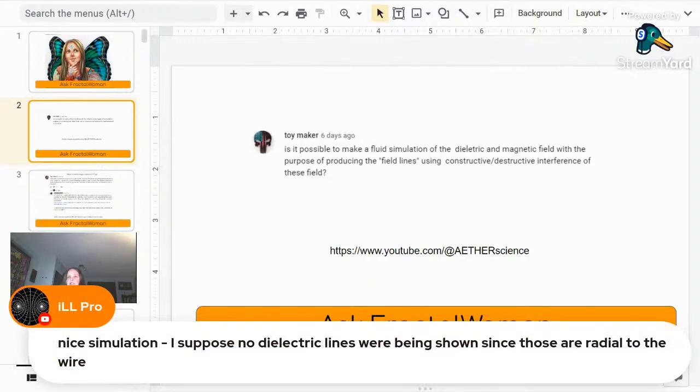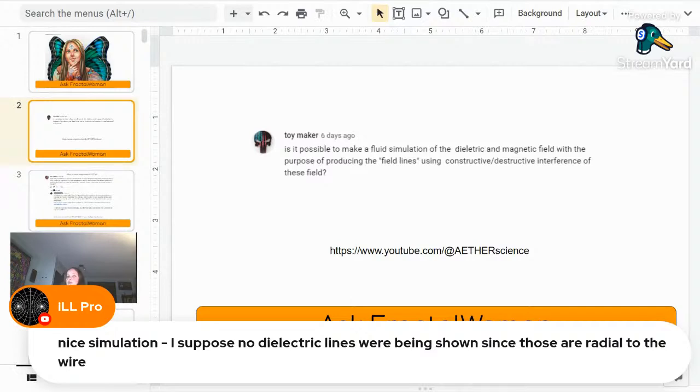So, nice simulation. I suppose no dielectric lines were being shown since those are radial to the wire. Yeah, so I'm not sure. He was showing the fluid dynamics, and the dielectric lines aren't the fluid dynamics. He was showing how the ether is flowing, and that creates the magnetic field lines.